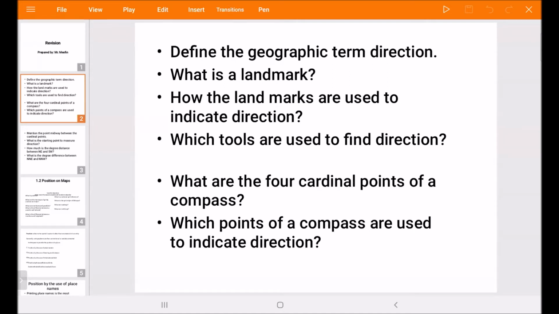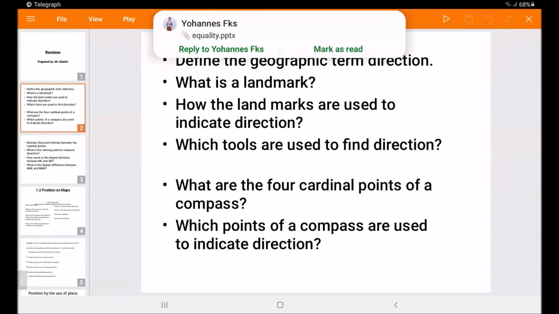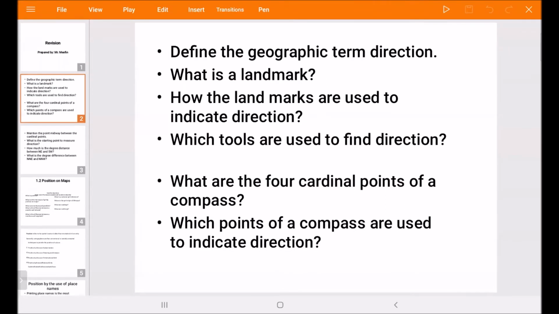When we say landmark, it is an object that is easily seen from a distance. A landmark is a reference point in order to identify the direction of a place, a benchmark. Landmark means our benchmark or our reference point.